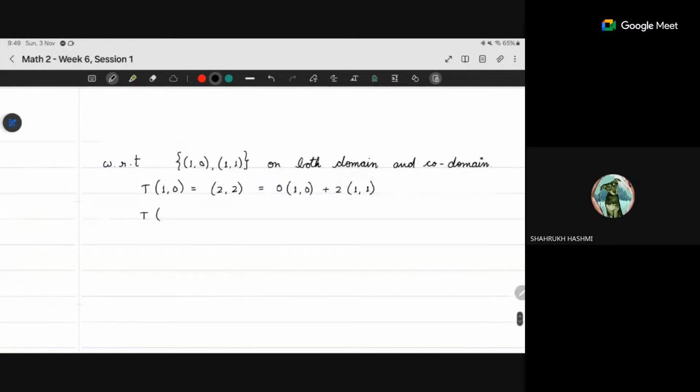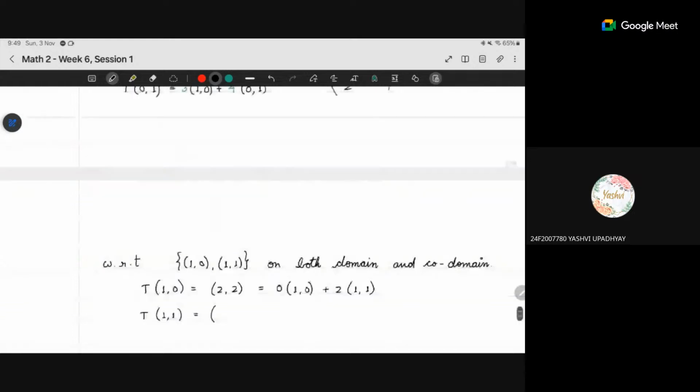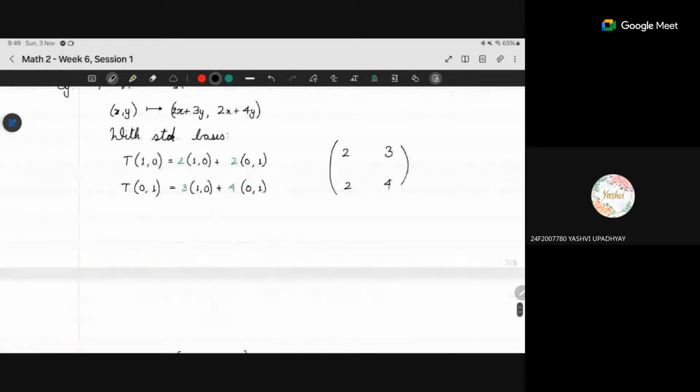And what is the second thing that I have to calculate? T of 1, 1. Since the basis that I've chosen on both domain and codomain is 1, 0 and 1, 1, I have to evaluate T of 1, 1, which is, from 2x plus 3y, 2x plus 4y, 5, 6.